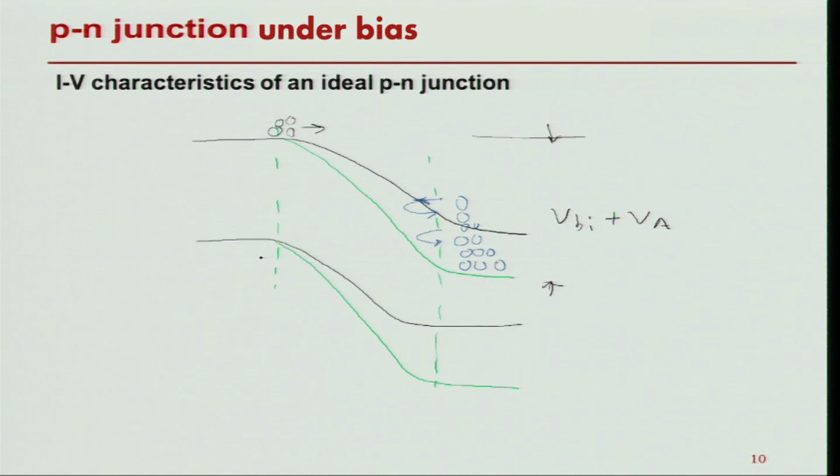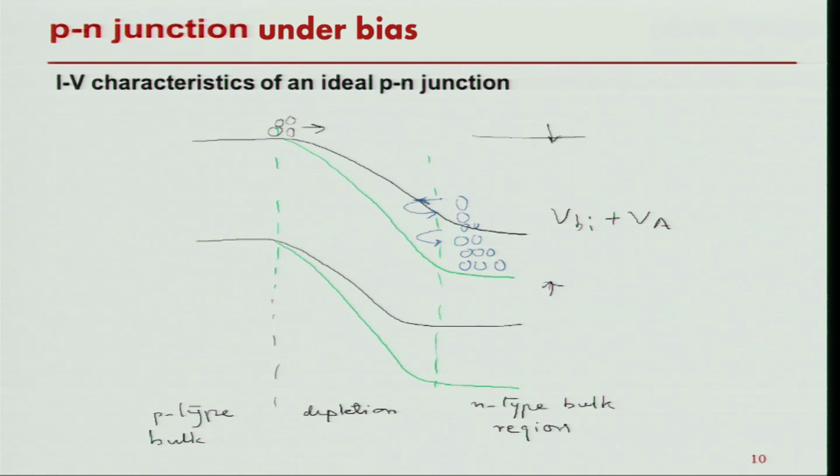So, now our strategy is going to be to find a quantitative IV characteristic. We will try to solve for the current equation in 3 regions. One is the P type bulk region where there is very little field. This is the depletion region, and this would be the N type bulk region, again with negligible field here.